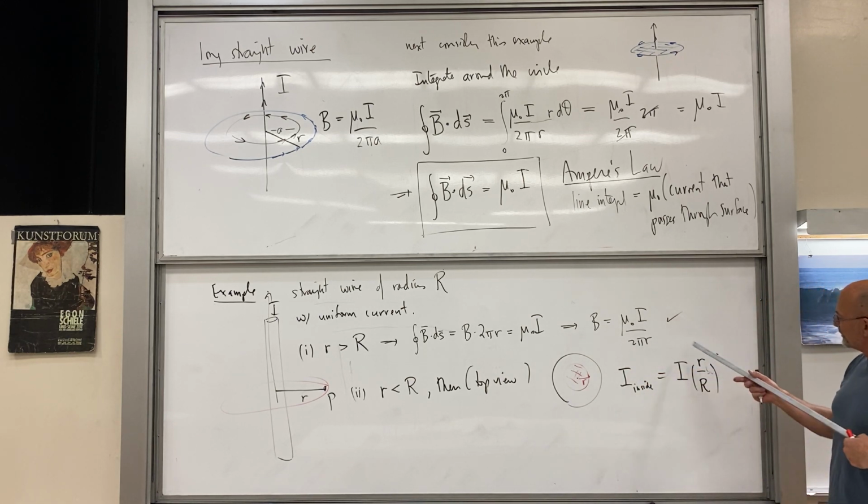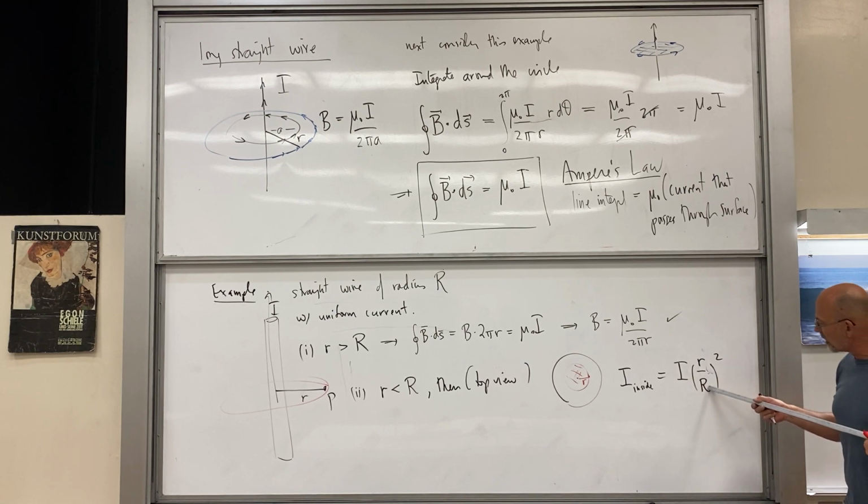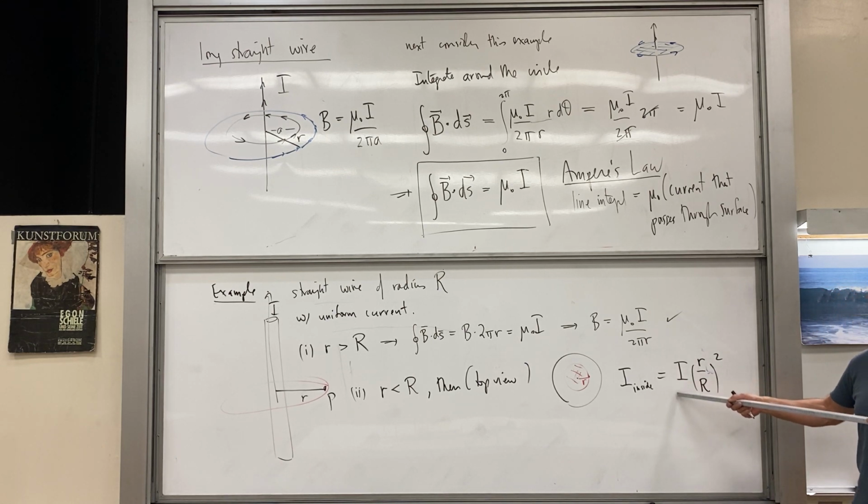So when we get out from lowercase r to uppercase R, excuse me, then it's just a 1, right? I times 1. But in the meantime, we have that.